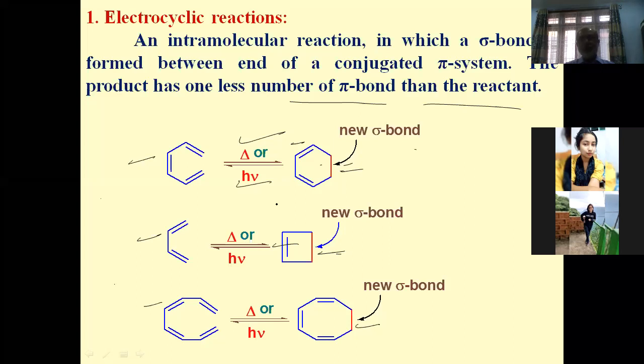Why that happens, why it is like this, we have to understand, so our theory becomes more important than the reaction itself. Once we understand the theory, a simple example like this appears very simple.